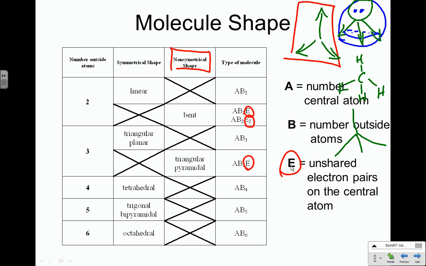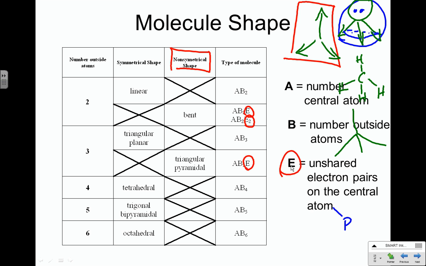Now, the last two shapes are our expanded octet shapes, because remember, we can sometimes have things with more than 4 bonds. So technically, that doesn't follow the octet rule, but they do still exist. So if we have an AB5, 1 in the middle and 5 on the outside, like PCl5, then that would be an AB5 situation. And what you've got is a trigonal bipyramidal, because what really happens is if you have 5 things, let's look at something like PCl5.